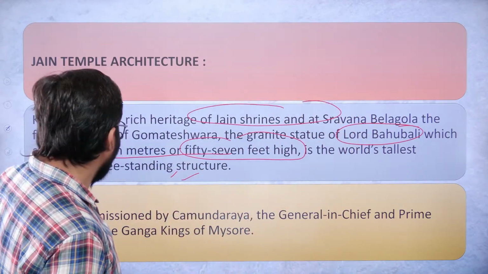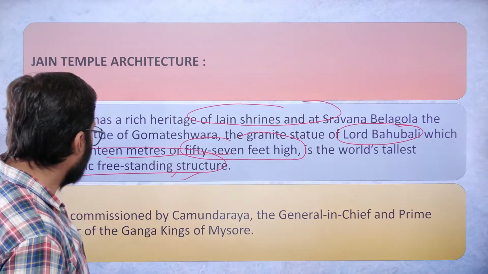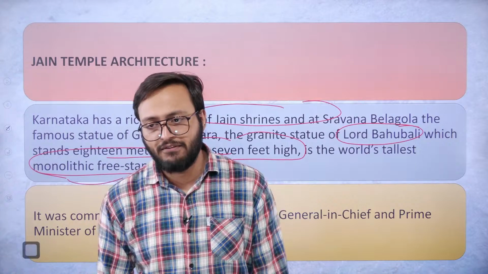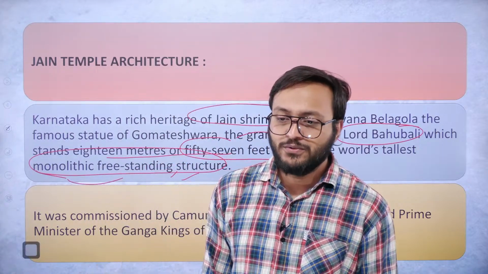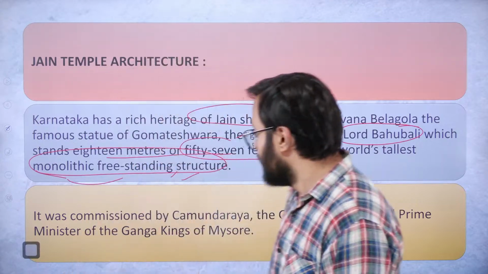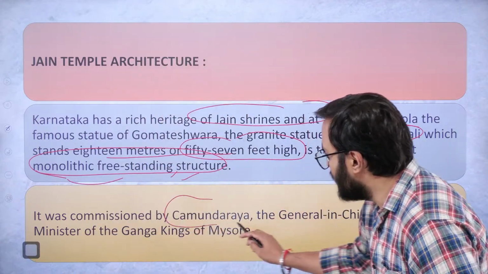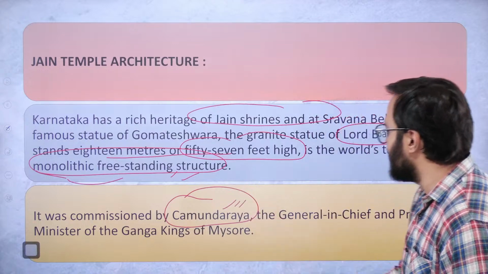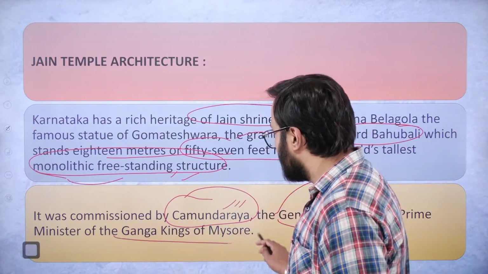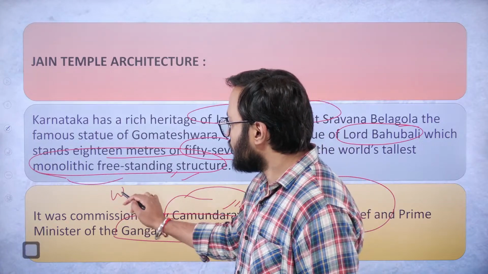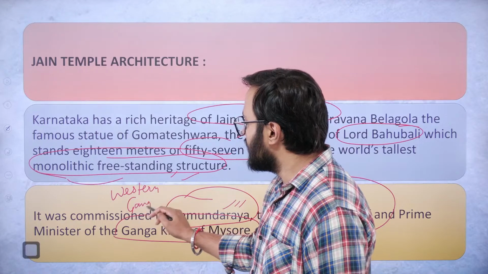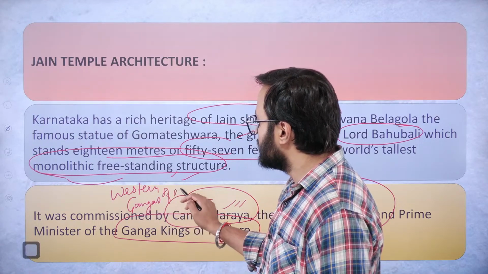So this is actually the world's largest, or the tallest, monolithic freestanding structure. This sculpture of Bahubali was constructed by Chamunda Raya, who was the commander-in-chief and the prime minister of the Western Gangas of Mysore.